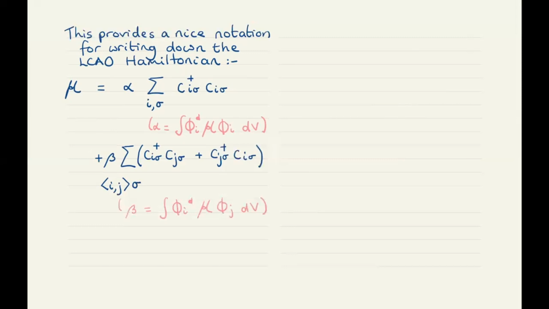So the first set of terms are the terms with I equal to j, and the second set of terms are with I and j being nearest neighbors. And this bracket here means that our summation is over I and j being nearest neighbors.